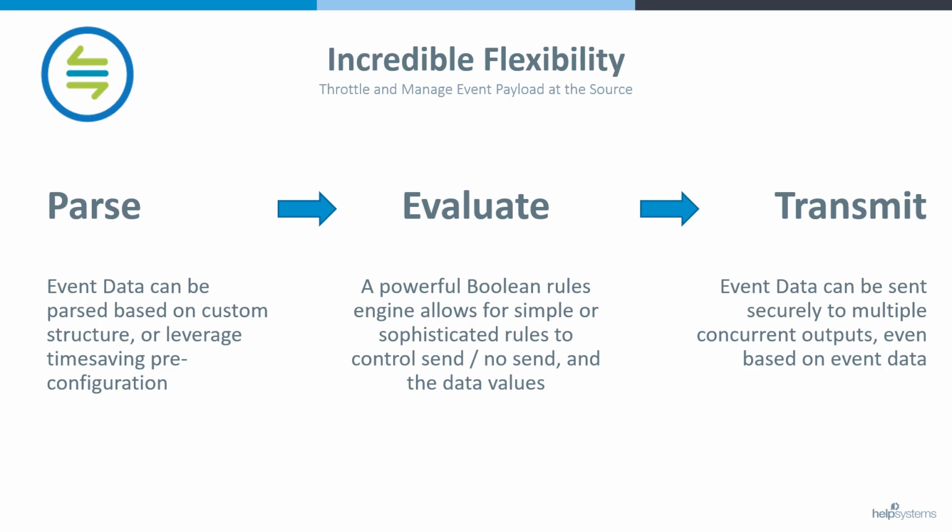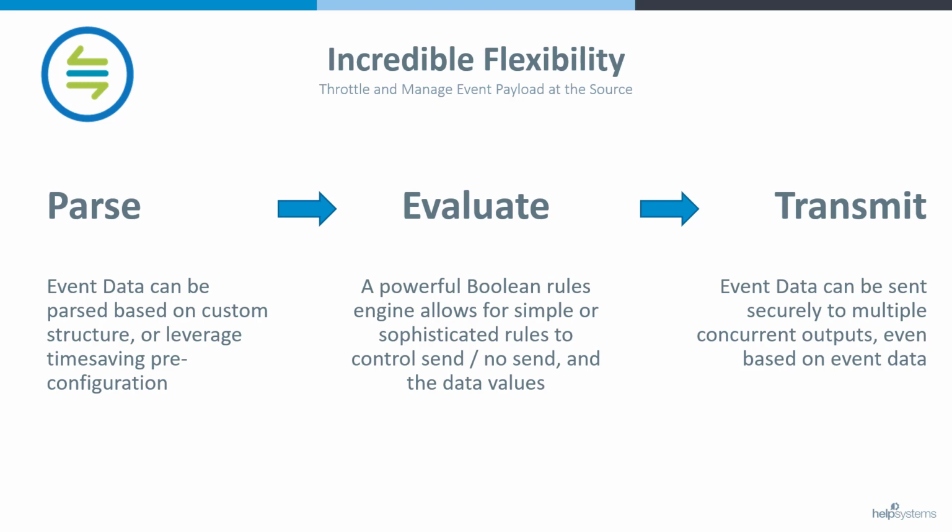It's important that it has to be parsed out. Now, you can parse this data based on custom structure, but in the case of the Audit Journal, we've already pre-configured all of that. So you don't have to know the breakdown of a CD entry or an AF entry. We've already done all of that lifting, and therefore those fields can be interrogated, they can be passed through, or they can be included in a message alert.